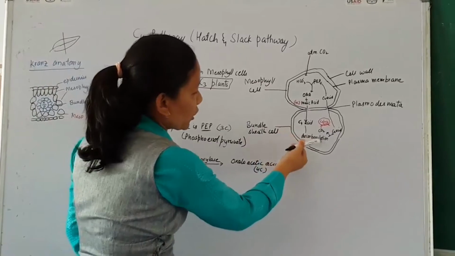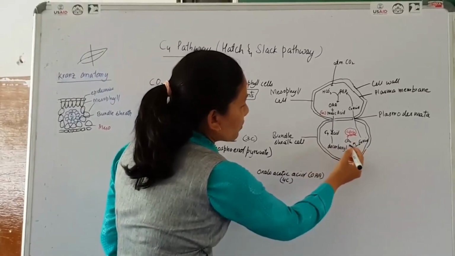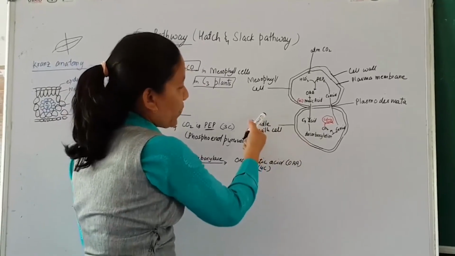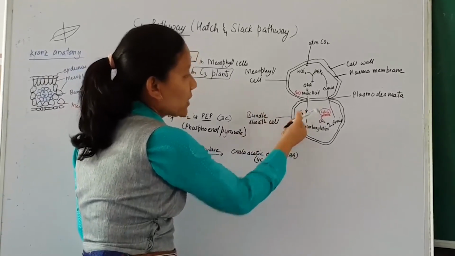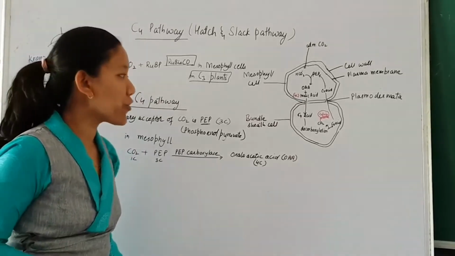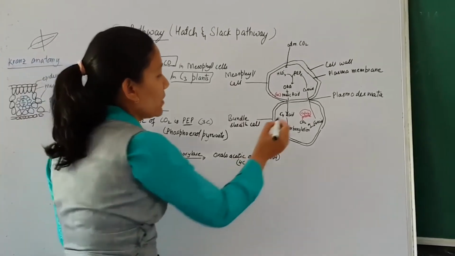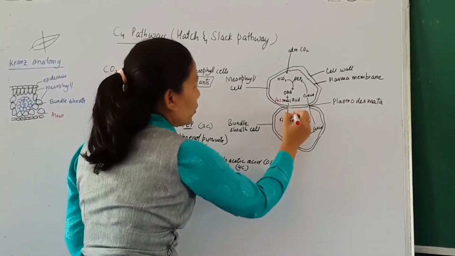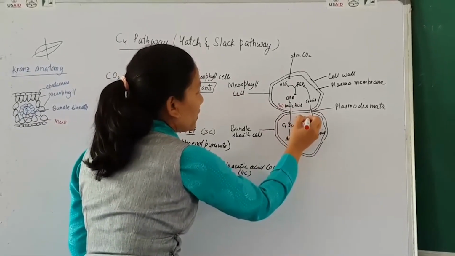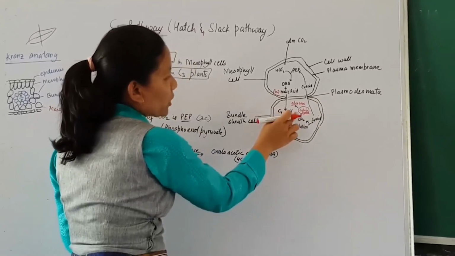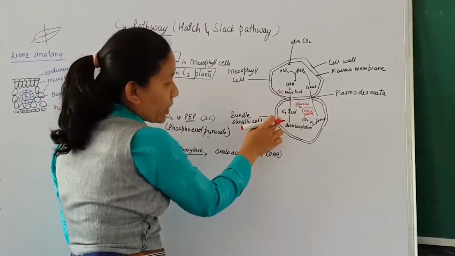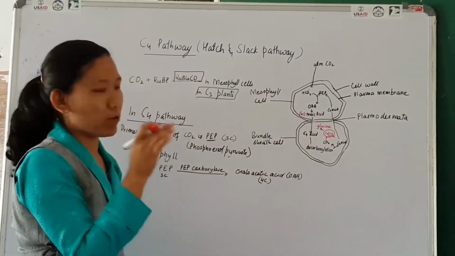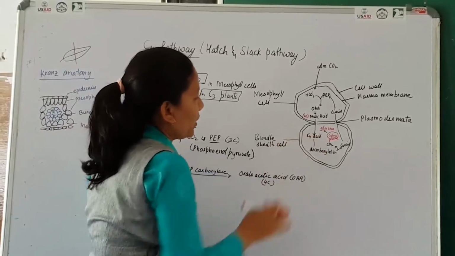Now this decarboxylation leads to the release of carbon dioxide here, and this carbon dioxide present in the bundle sheath enters the Calvin cycle or C3 pathway, which finally results in the production of glucose. So it is in the bundle sheath where the C3 cycle takes place. That means it is in the bundle sheath where rubisco is present and RuBP is present, and glucose synthesis also takes place here in the bundle sheath.